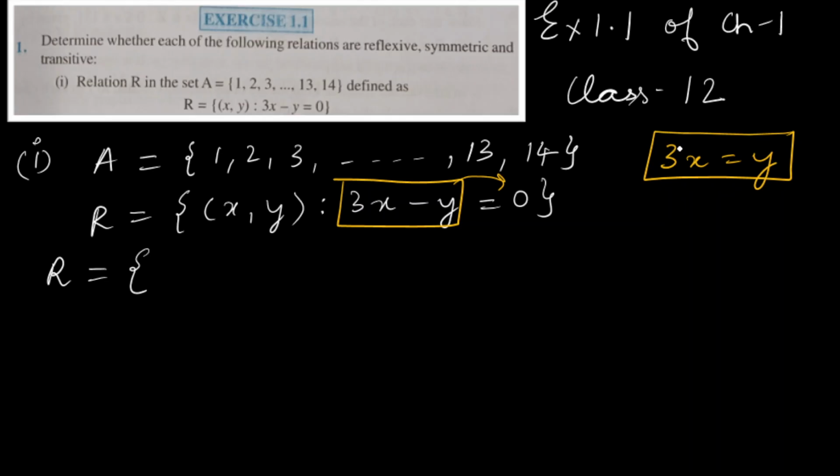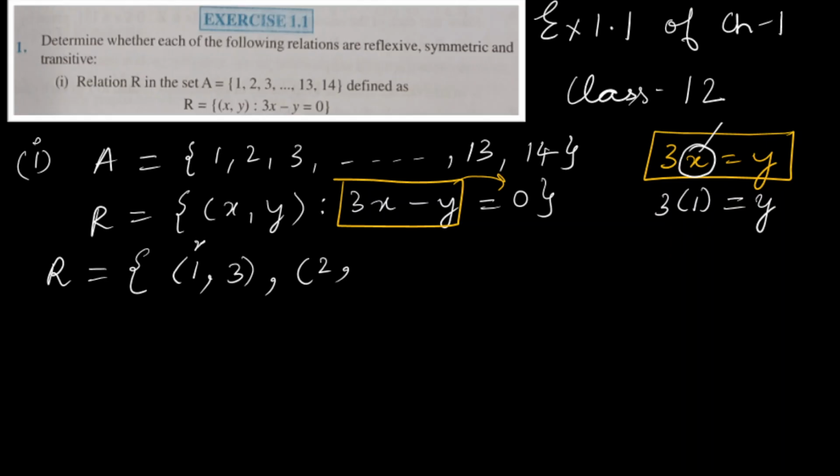If 3 times x is equal to y, suppose x is 1, then what will be the value of y? 3. I'm just substituting the value here, and from there I'm getting the ordered pairs. If x is 1, then 3 into 1 is equal to y, so y's value is 3.